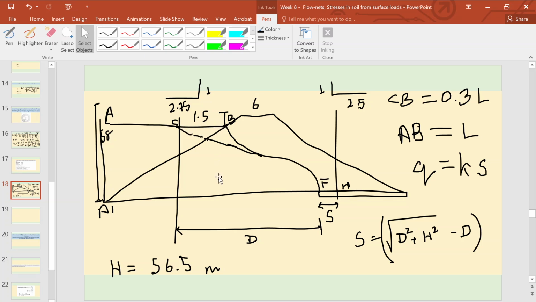Then the part from B till the crest is the second part, the crest part is the third part, and from here till the focus is the fourth part, the entire distance of D. From the crest on the downstream side, we take the entire downstream side, then subtract the length of the drainage blanket.